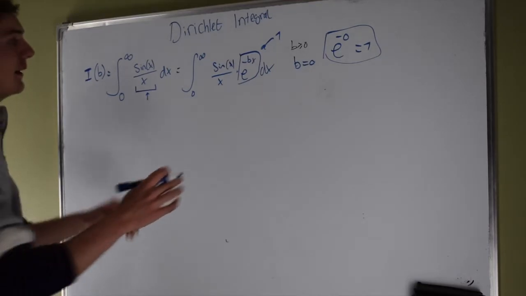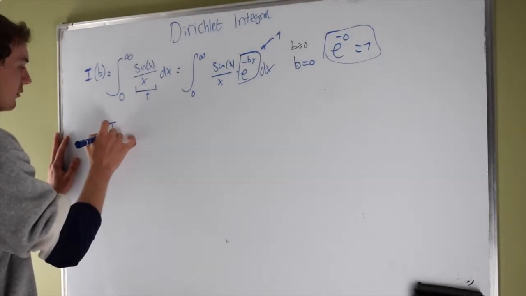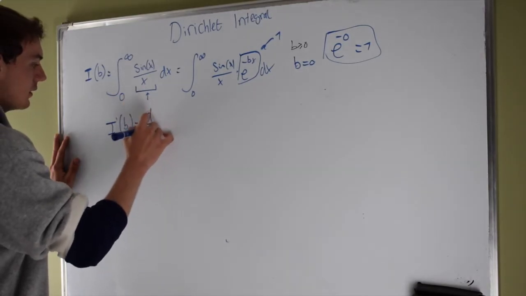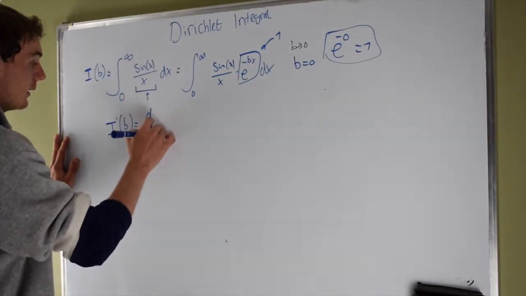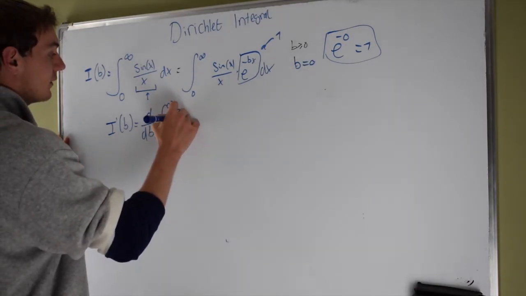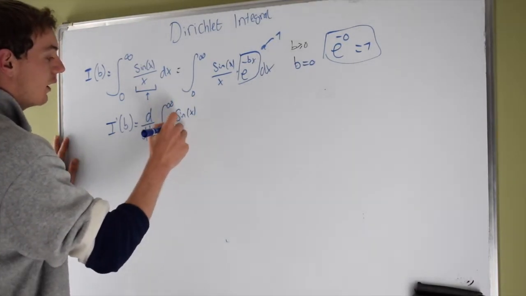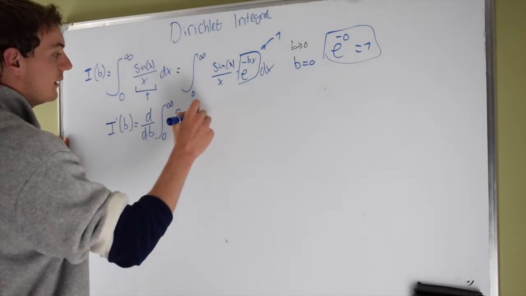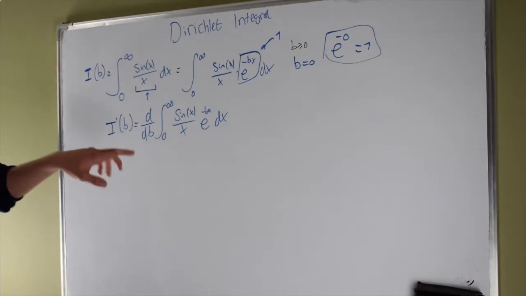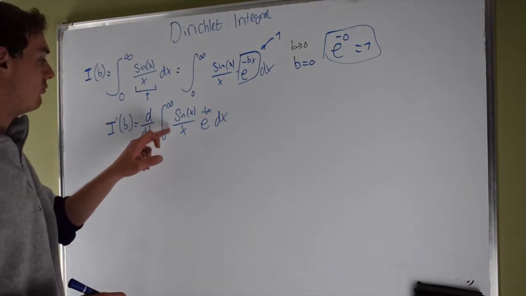Now what we're going to do here is differentiate this, and this is where Feynman's trick comes in. So we're going to differentiate with respect to b, d by db of the integral from 0 to infinity of sine x over x times e to the minus bx dx. So what I'm going to do is put the derivative to the right of the integral.